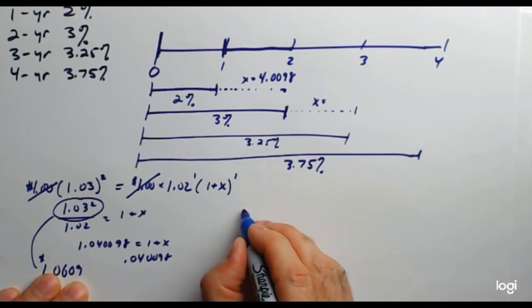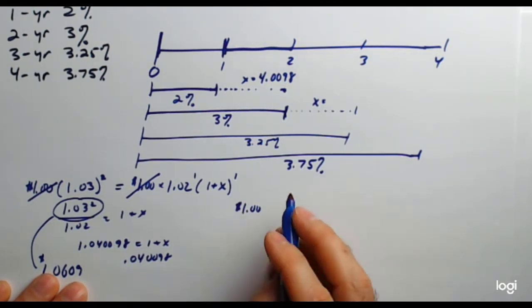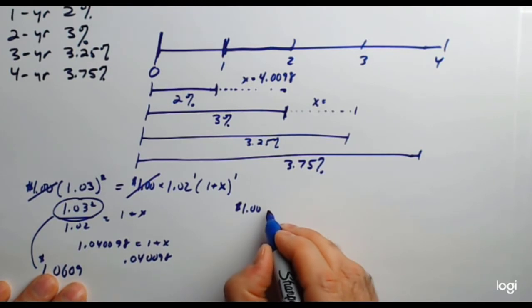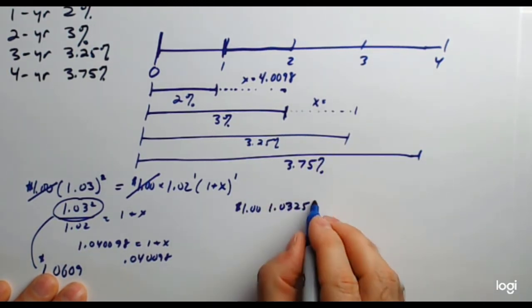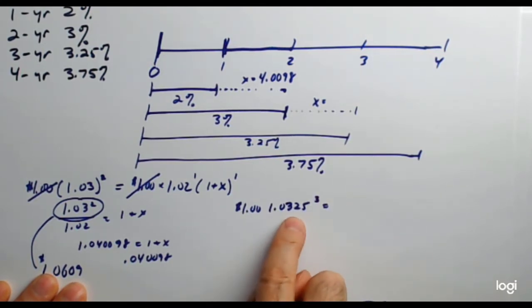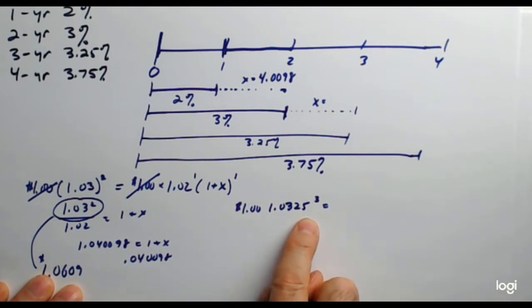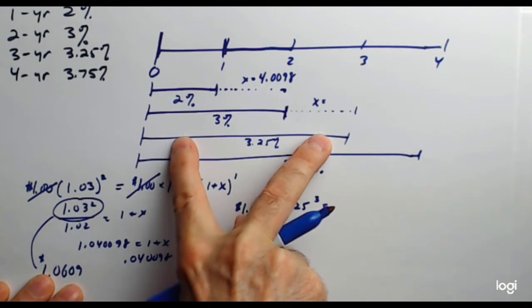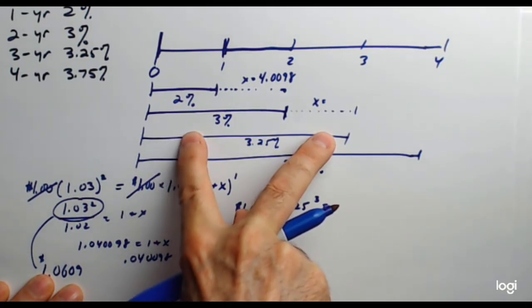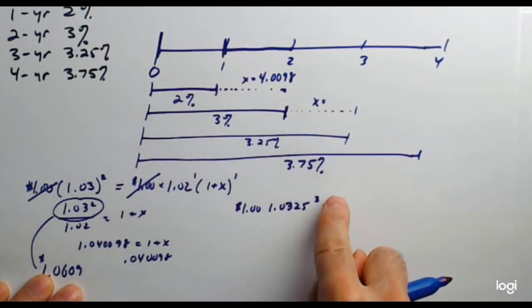So let's do the math. We could multiply this out by $1, so you can visualize it, though multiplying by 1 doesn't do anything. So we get $1 invested, and it's going to earn 3.25% for 3 years. This will come out to about $1.10, just ballpark. That's what you're going to get from this investment right here. Now, we ought to get $1.10 from investing at 2%, then 4%, and this X%. That's what we want to solve for.